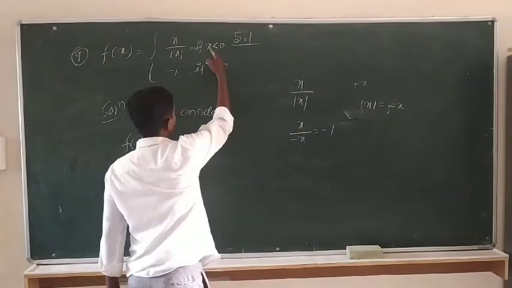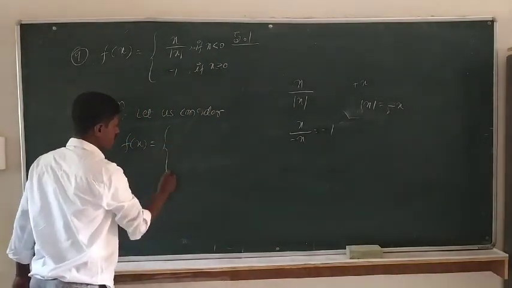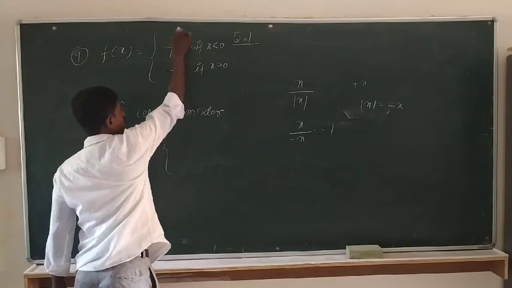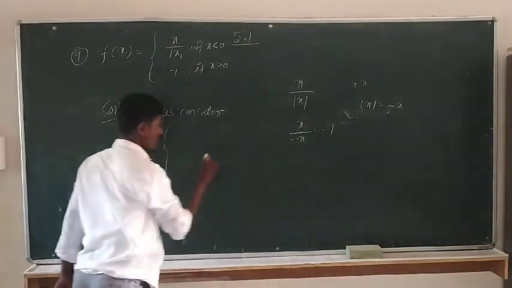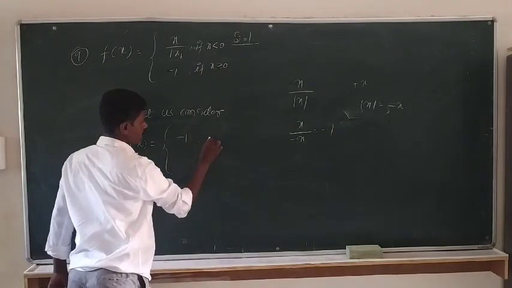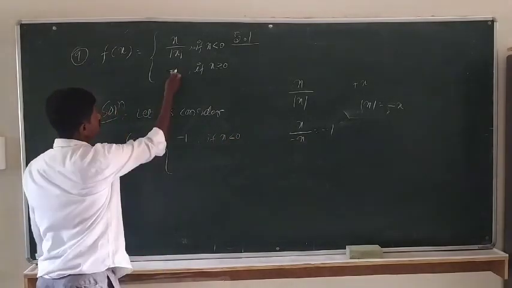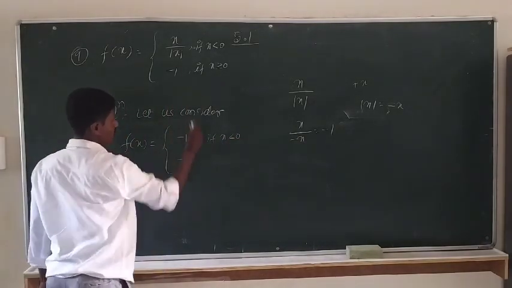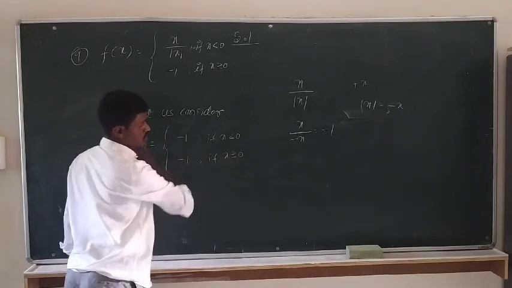Hence, we can write the function x by modulus of x as minus 1 if x is less than 0, and it is also minus 1 if x is greater than or equal to 0.